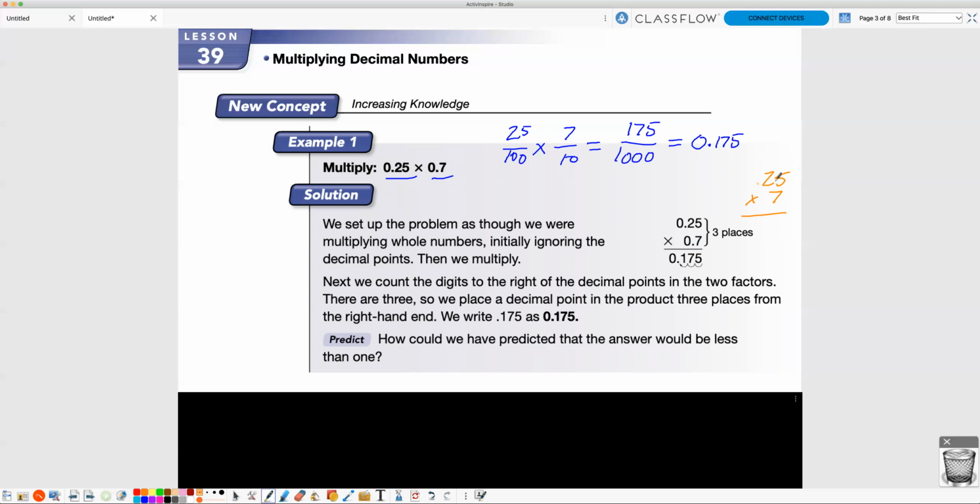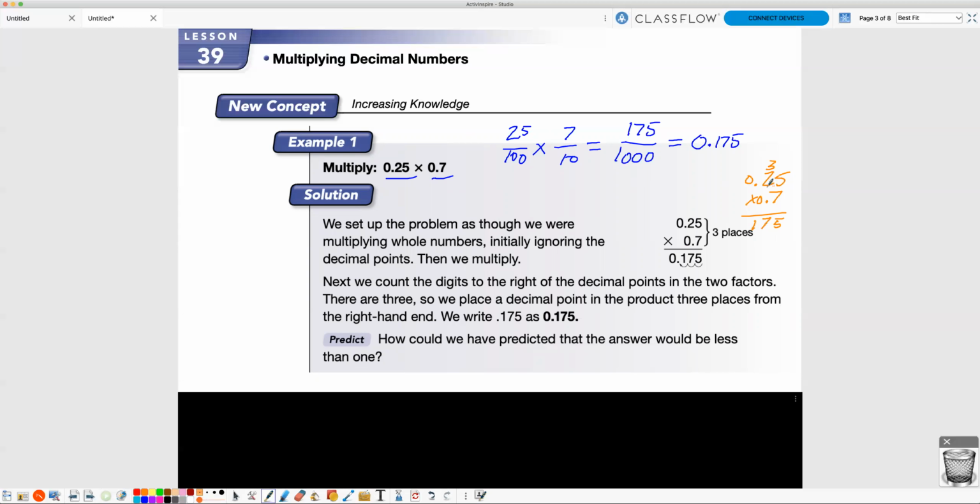So you just kind of ignore them. It's 25 times 7, but you can't forget that you have to have those in there to count your decimal places in the end. So to begin with, just pretend like it's 25 times 7. That's 35. Carry the 3. This would be 14 plus 3. 14 plus 3 makes 17.